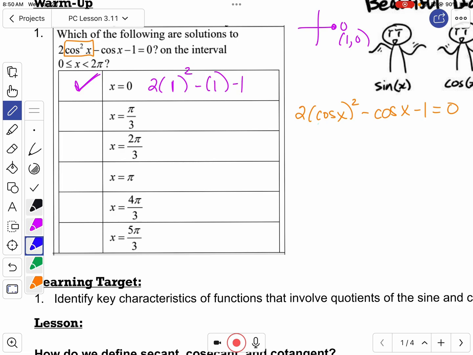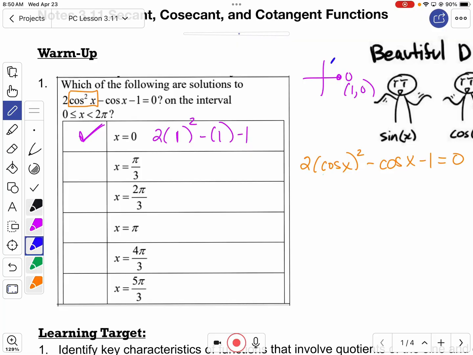All right. Let's talk about pi over 3. This is up here. What's my ordered pair going to be at pi over 3? 1/2 and square root of 3 over 2, okay? So cosine is going to be the 1/2, all right? So we're going to plug it in. 2 times 1/2 squared, minus cosine at pi over 3 would be 1/2, and minus 1.